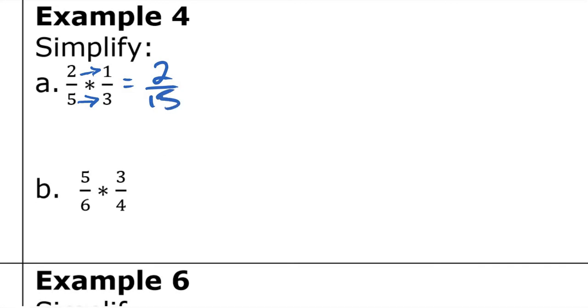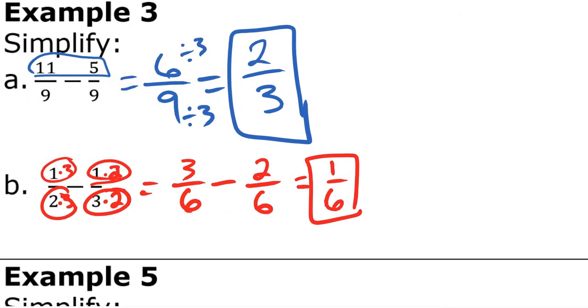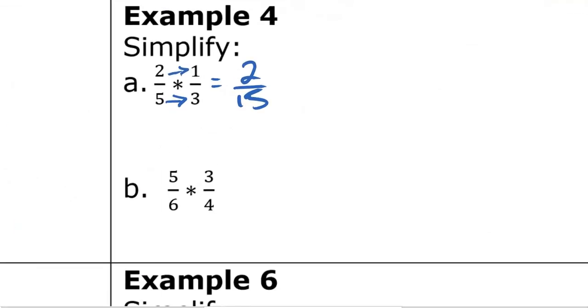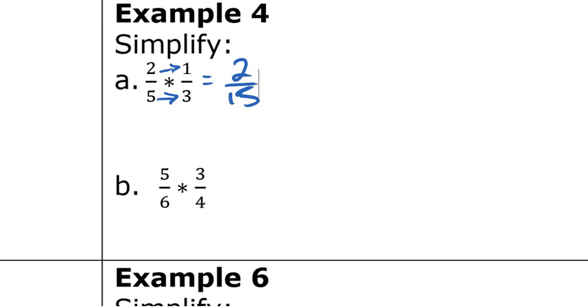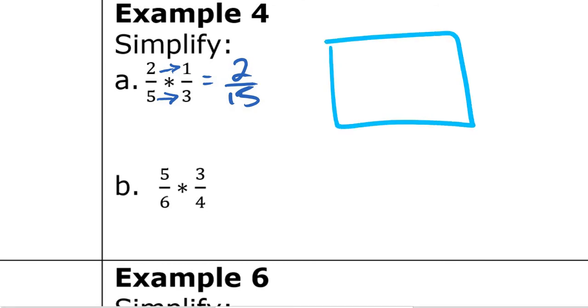Now, those of you that did not receive proper instruction in middle school and you don't remember how it was modeled, maybe you're wondering, well, why in the world did we have to have a common denominator when we're adding and subtracting, but now that we're multiplying, we don't have to have a common denominator? The model that shows why looks like this.